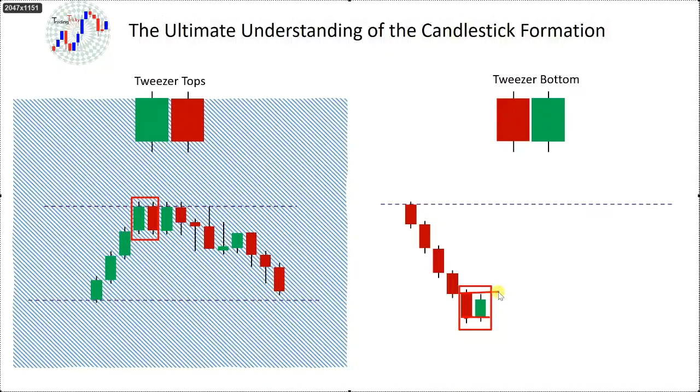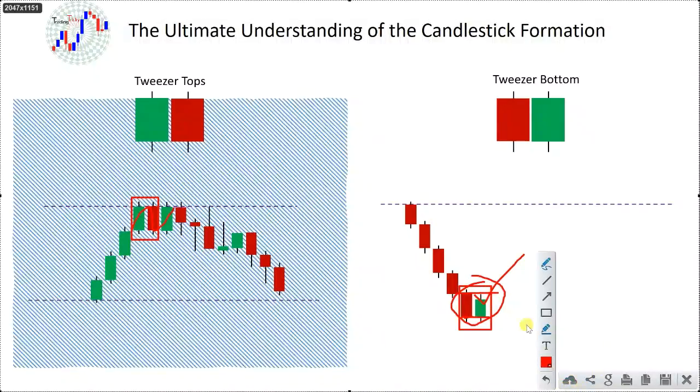So there is a gap. Though there is a gap, this is still a tweezer bottoms pattern. This tweezer bottoms acts as a retrace candle, but this tweezer bottoms pattern will act as a continuation candle because there is a gap. I will tell you each and everything later.